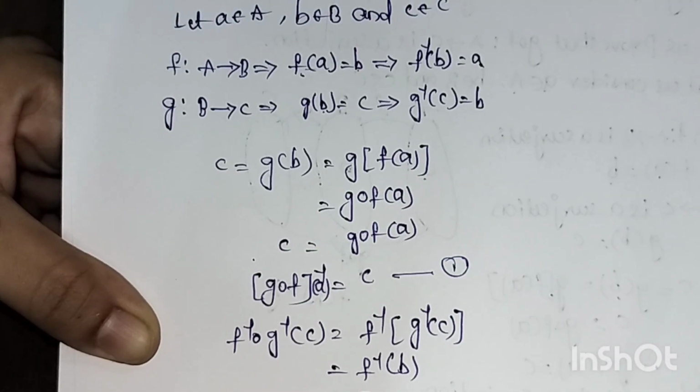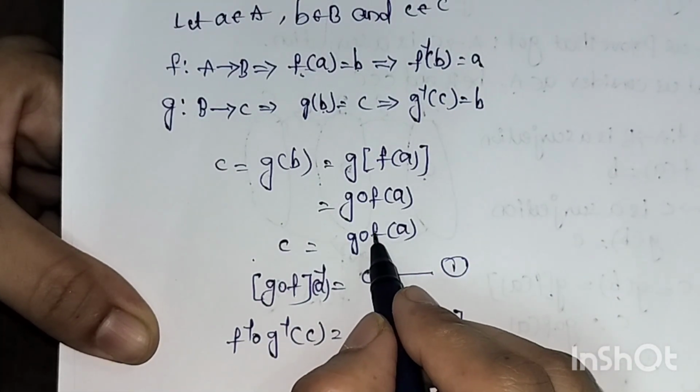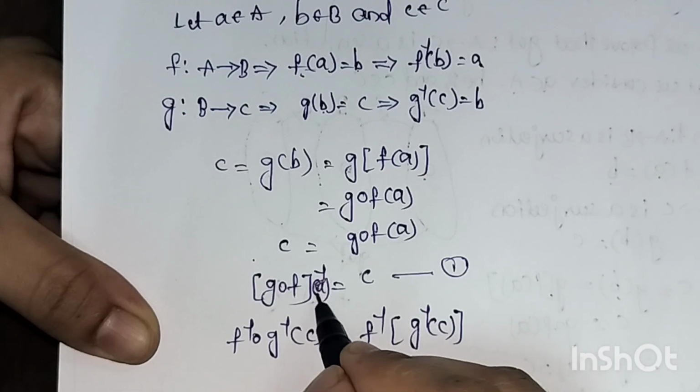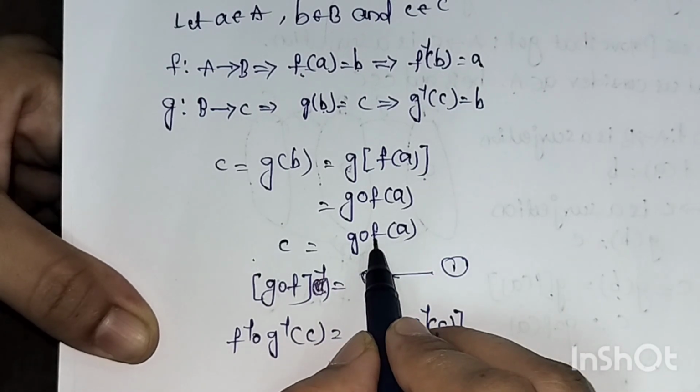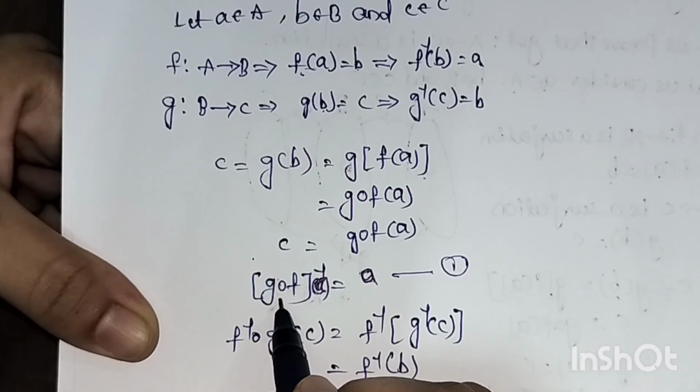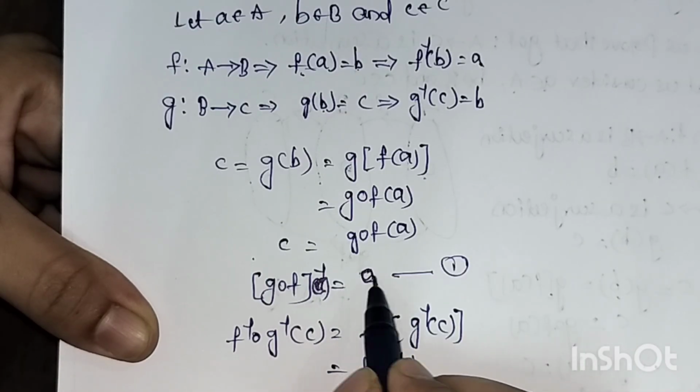Therefore, F inverse circle G inverse of c equals a. This is equation 2. Taking this side, G circle F whole inverse of c equals a.